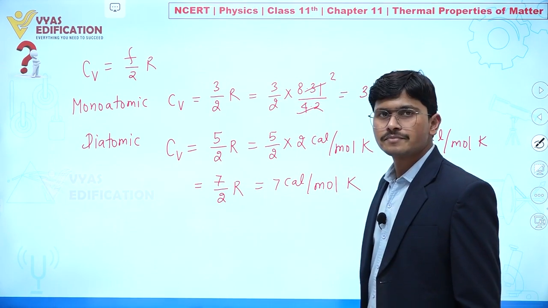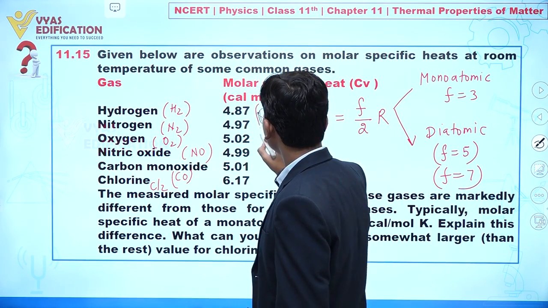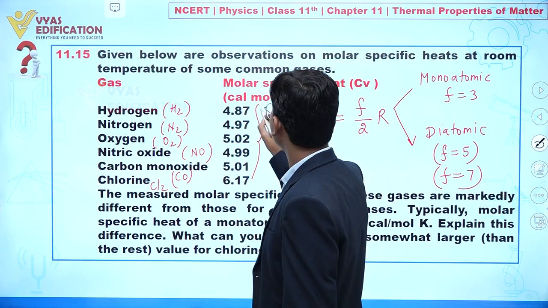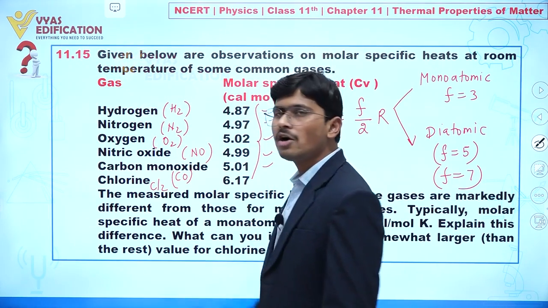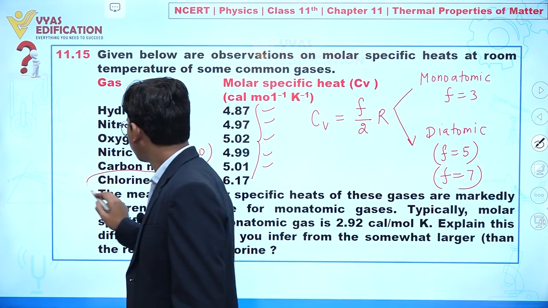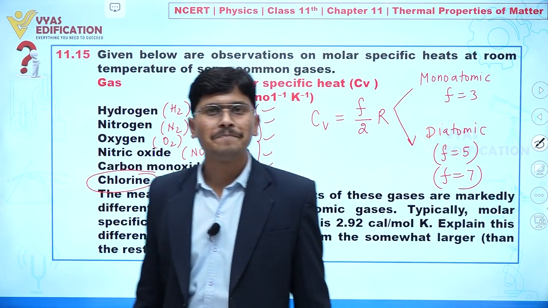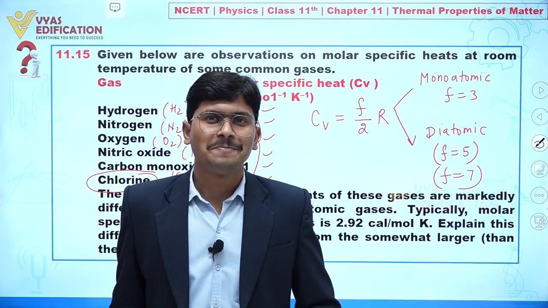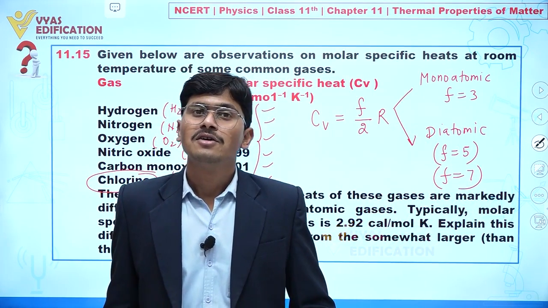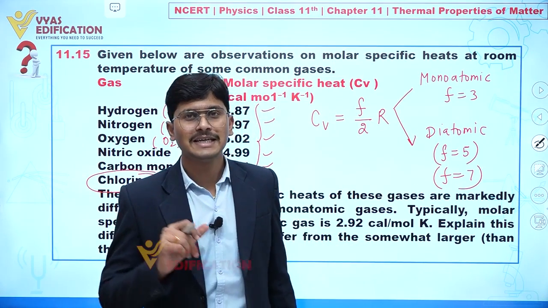Now listen carefully. If you observe all these gases, you will find all these values near about 5. All values are near about 5. But there is some variation in chlorine. The chlorine value you will find near about 6 point something. Why? Because at room temperature, some molecules of chlorine gas have vibrational motion.